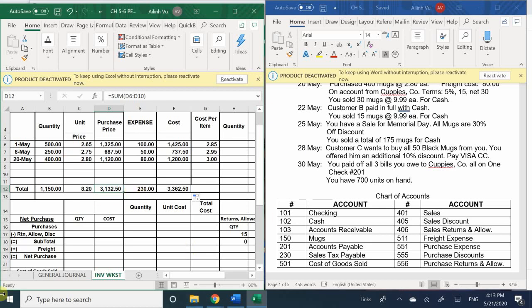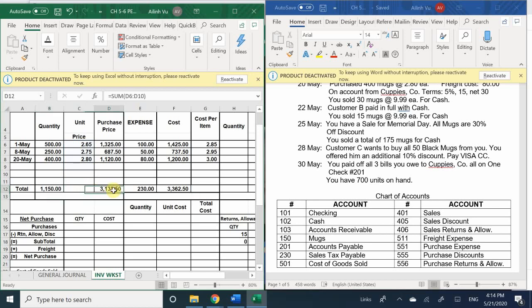Okay, so here I recognize I have a total of, this is not in dollars, so make sure you know that, 1,150 items available. You don't need to know this. This is not one of the things you need to fill, so we can get rid of that.